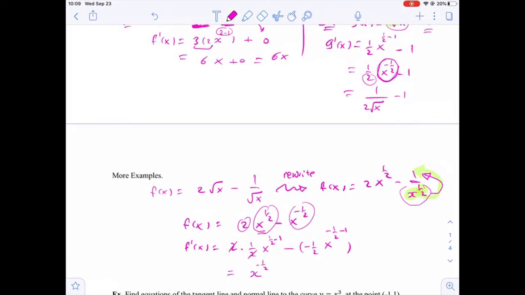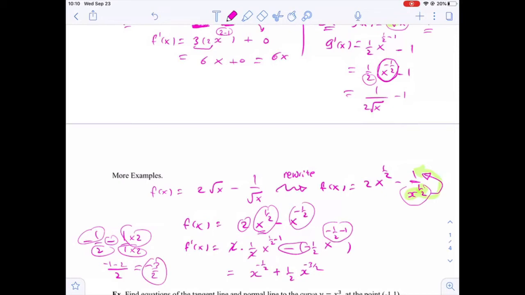We get x to the power negative 1/2, minus minus is positive, 1/2 x to the power negative 1/2 minus 1 is negative 3/2. Negative 1/2 minus 1, we can get a common denominator, and then the common denominator is 2, and then negative 1 minus 2, and that's negative 3/2. This is how we obtain this power here.